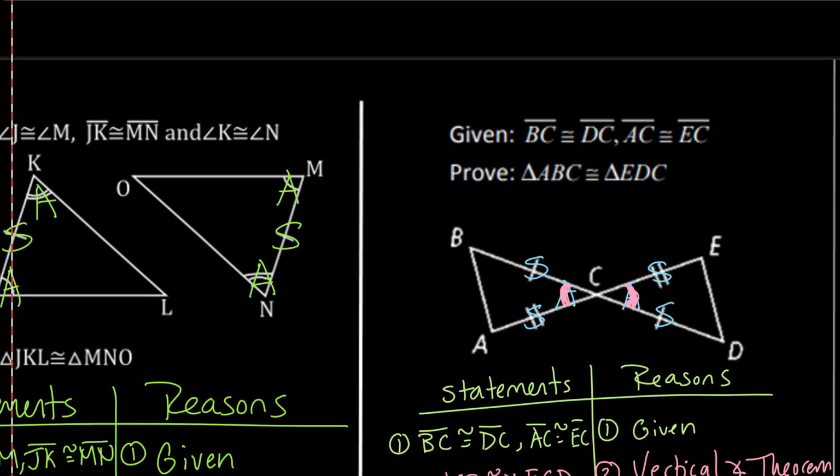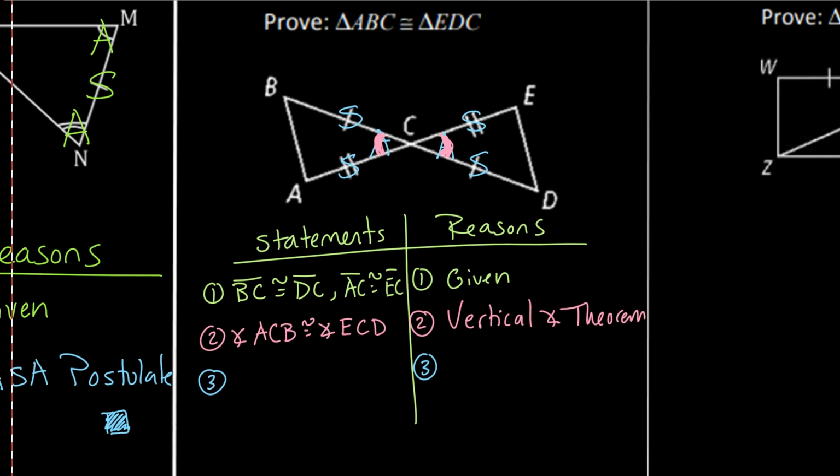Right, and what does it say in the proof? Triangle ABC is congruent to triangle EDC. And how do I know this is true now? By the SAS postulate. Am I done? Why, yes, I am. I proved what it asked me to prove.